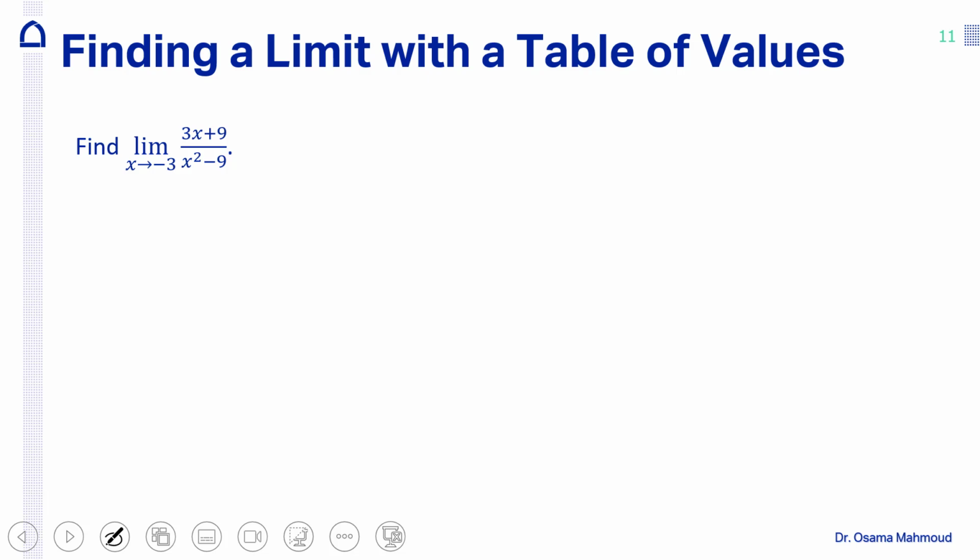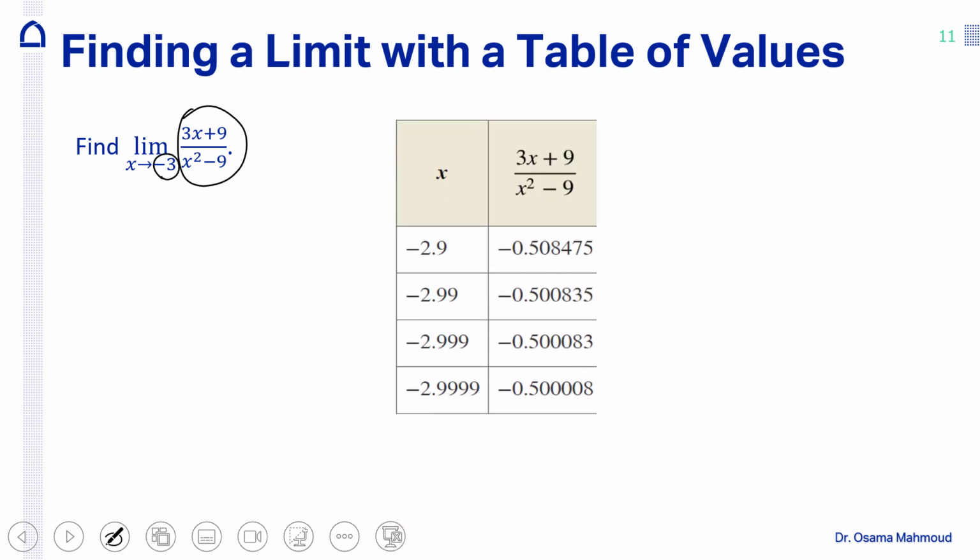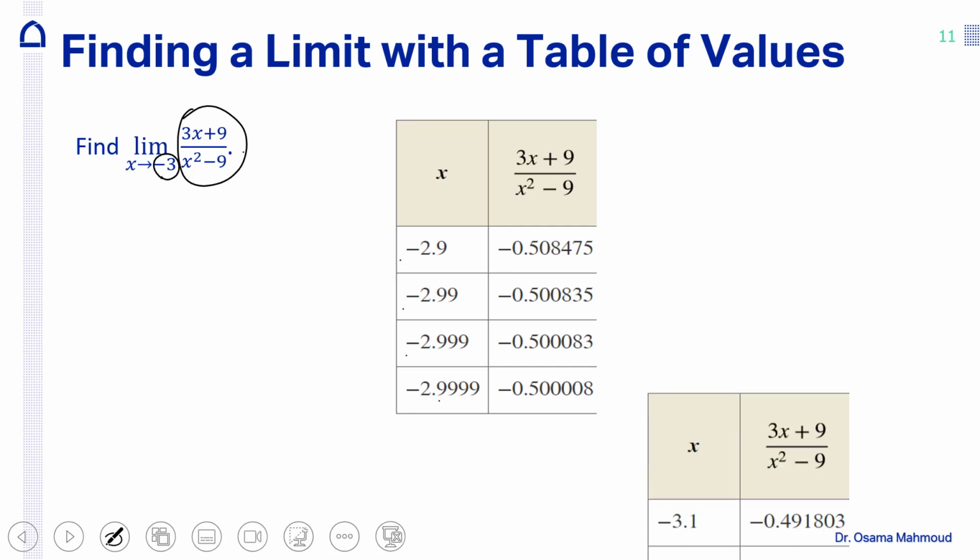We have such a function, f of x, and I'm going to approach minus 3 from left and right. So I have to get a value less than minus 3, and a value to the right of minus 3, and plug it in to substitute and get the value of the function.